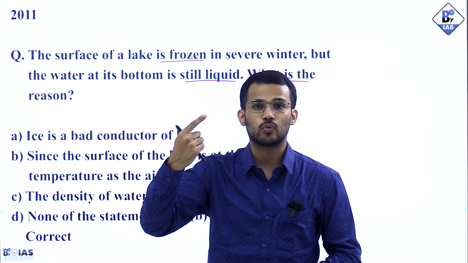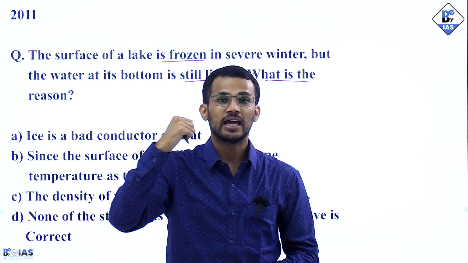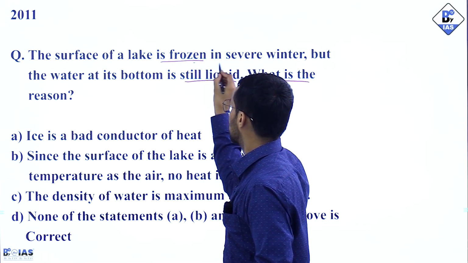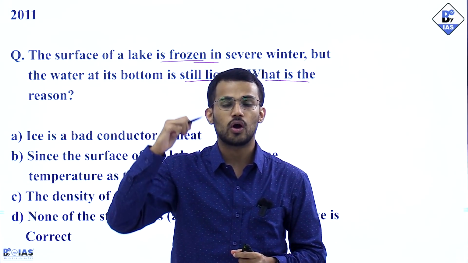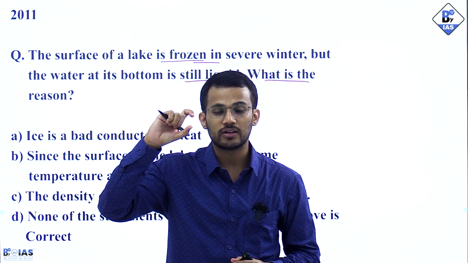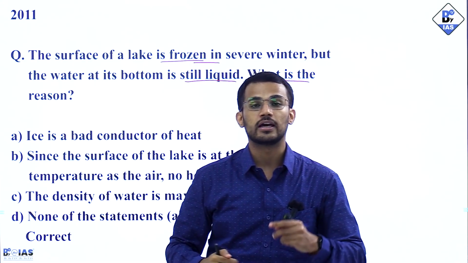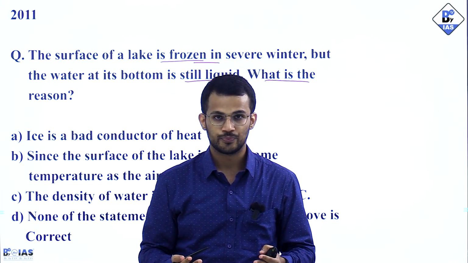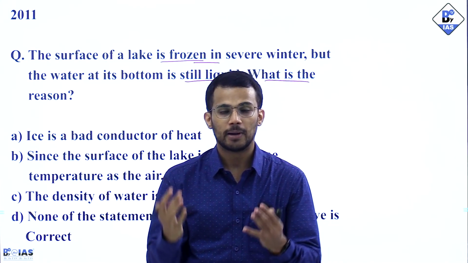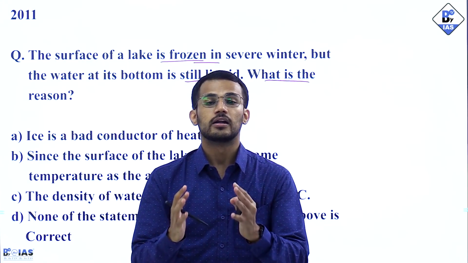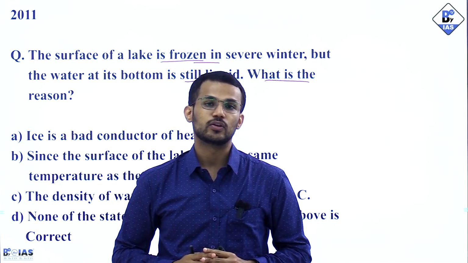But the surface water, which is in contact with the air in winters, air is cold air. And as a result of that cold air, the water which is in contact with that cold air starts freezing, right? So the surface water freezes, but water at the bottom remains in the liquid state.